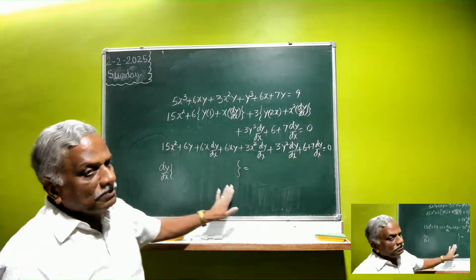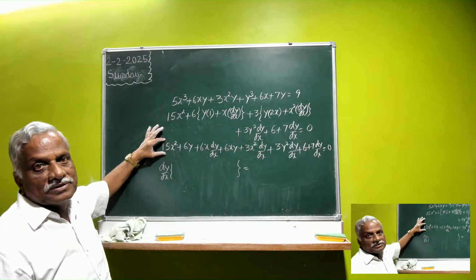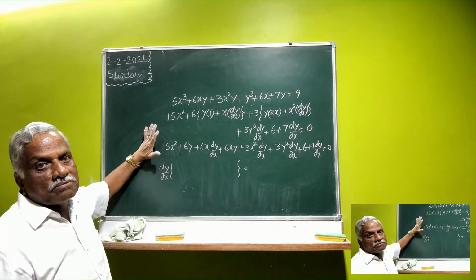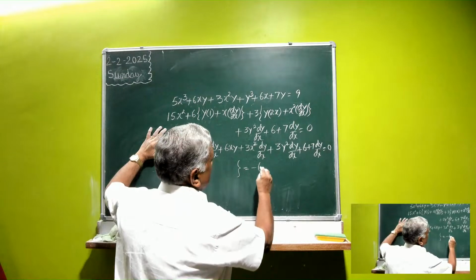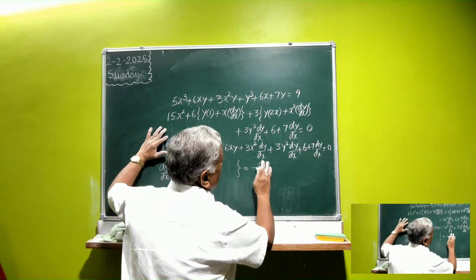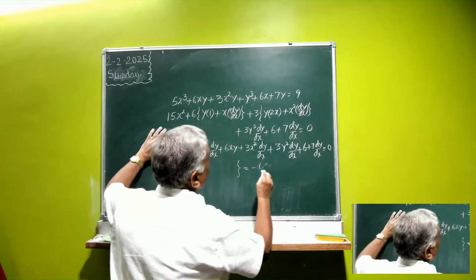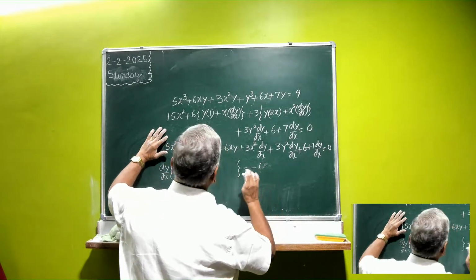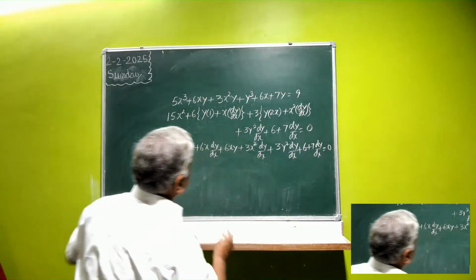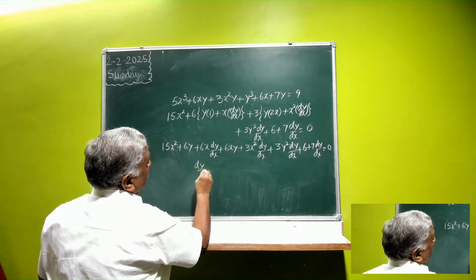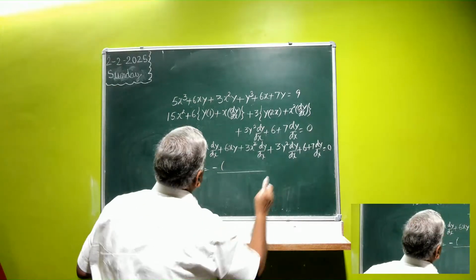You just write dy by dx equals, put a bracket. You look at each term.